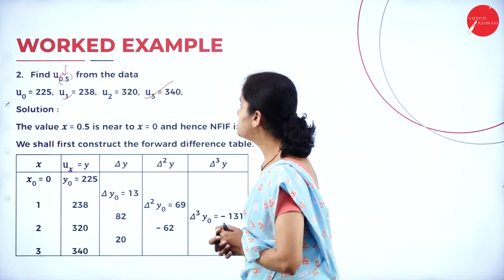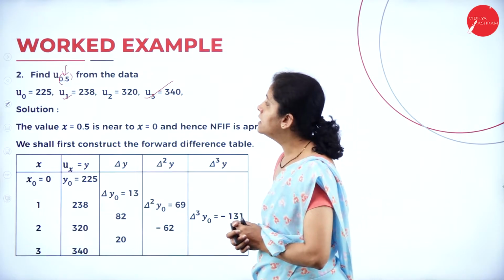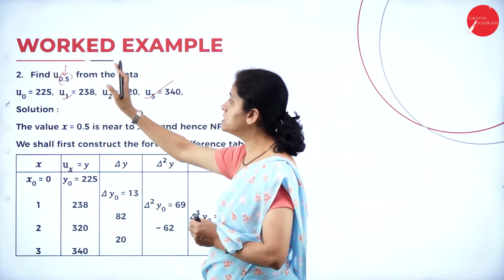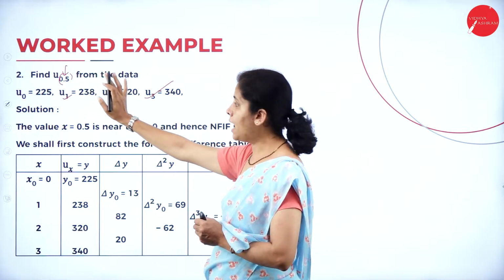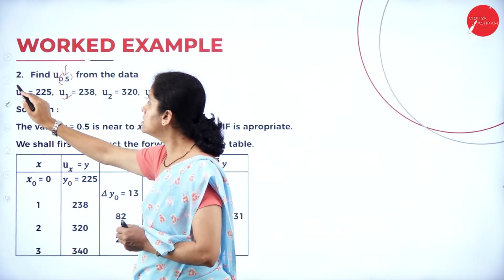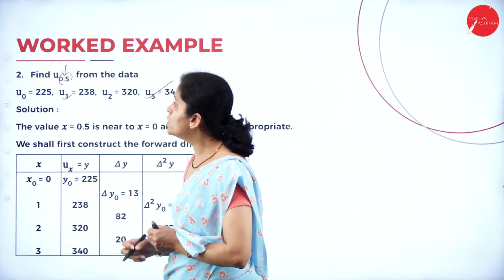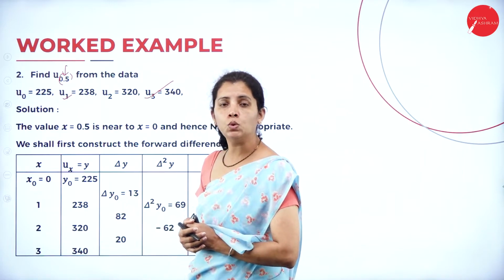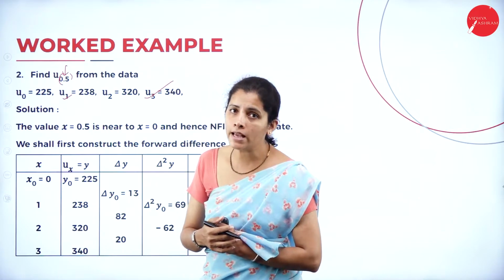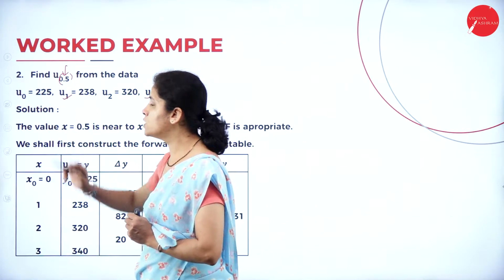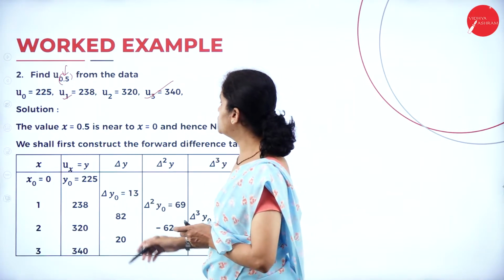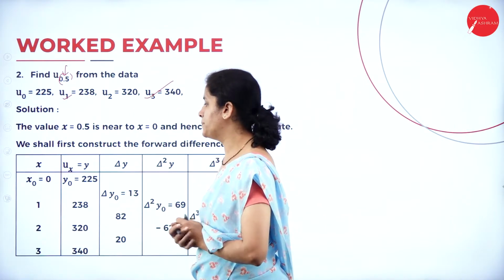0.5. So what is my x value? It is 0.5. And if I consider the data, see here, this is my y. So y equal to 225. If y equal to 225, then what about x? x is nothing but 0. Then x1 is 1, x2 is 2, x3 is 3, fine.